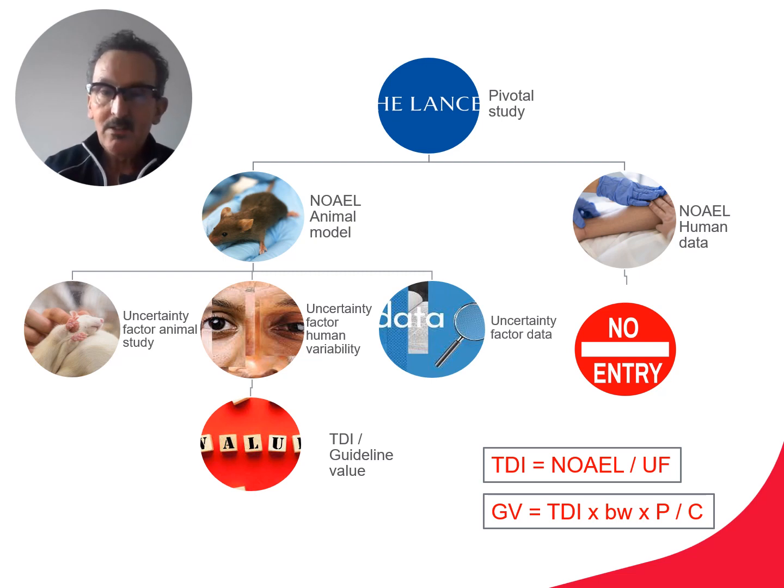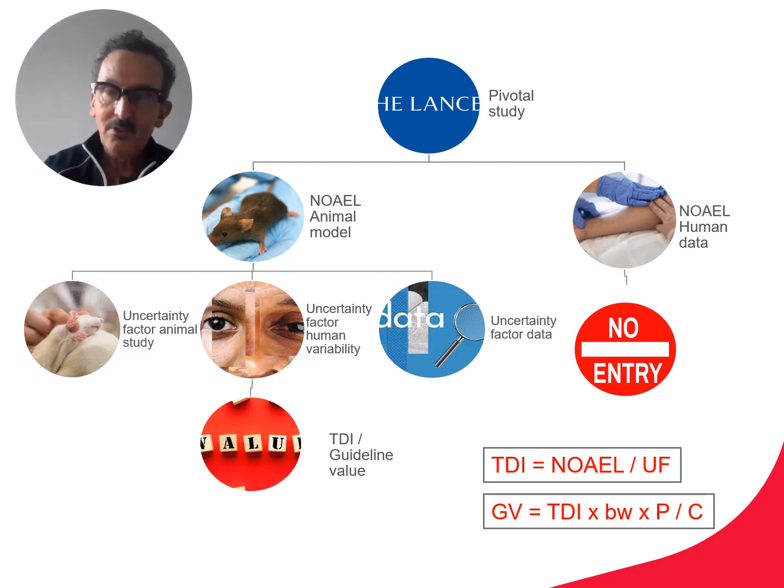And then finally, there are different uncertainties in the data. For instance, are microcystins carcinogenic? We still don't know for sure. And also, you extrapolate from an animal study that took maybe 6 or 10 weeks, and you extrapolate in this case to a TDI, which is a tolerable daily intake for life, day in, day out for the rest of your life.